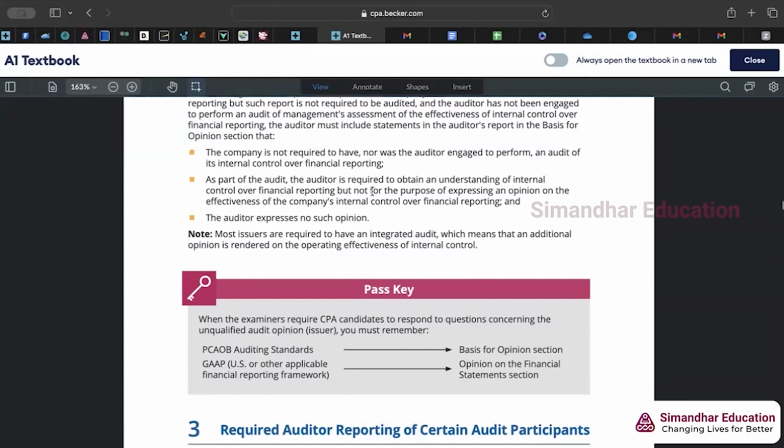If there's a GAAP issue, opinion paragraph and management responsibility. In case of issuers, for PCAOB auditing standards issues, refer to the basis of opinion paragraph. If GAAP issue, the opinion paragraph will require the references. Any questions so far?